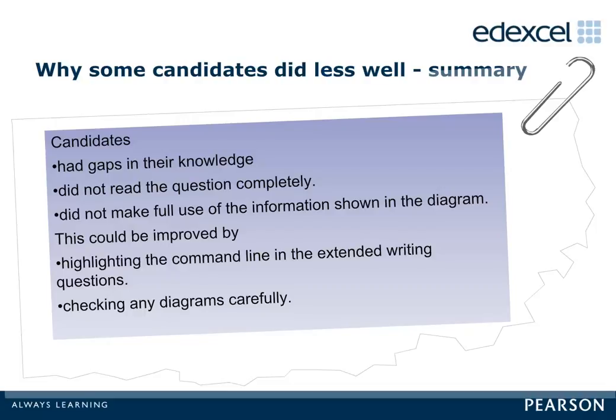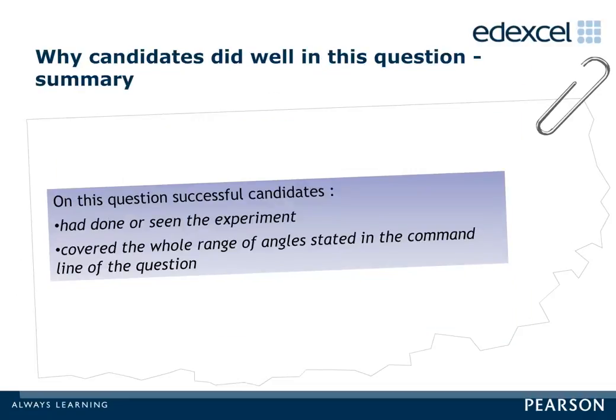Candidates had gaps in their knowledge and did not base their responses on the introduction and diagram earlier in the question. In this extended writing question, the diagram from earlier in the question could help candidates structure their answers. Candidates who had done this experiment and remembered it did well.